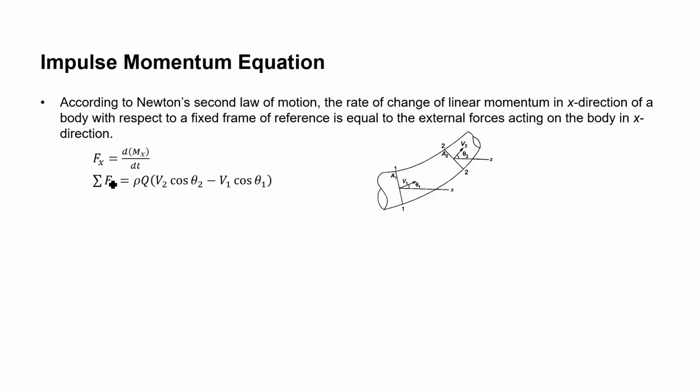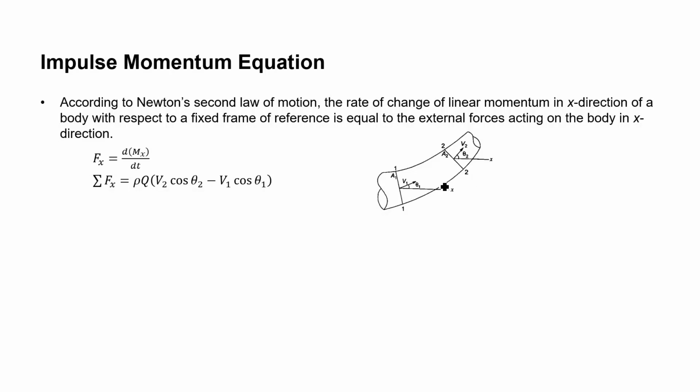Further, we can rewrite this equation as Fx equal to rho Q into V2 cos theta 2 minus V1 cos theta 1.